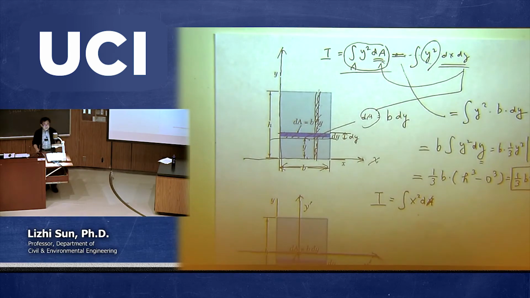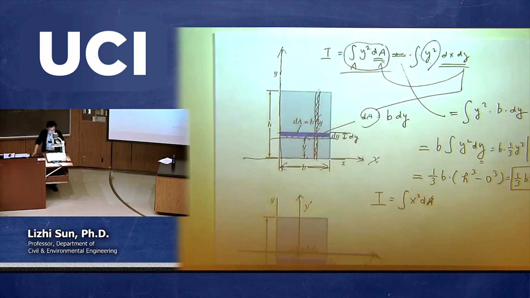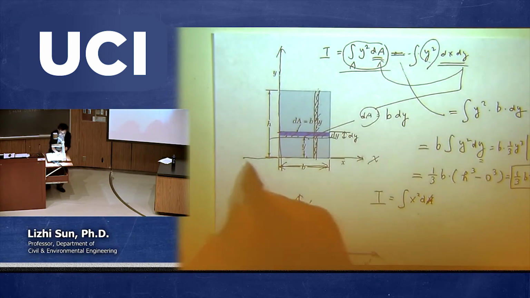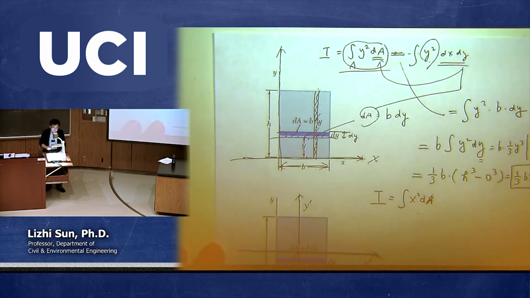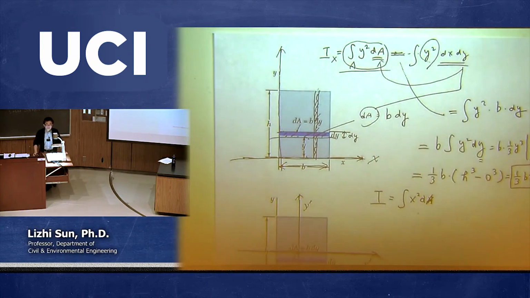In fact, this is also called the moment of inertia. So either y squared dA or x squared dA, they are both moments of inertia with respect to different axes. So the y squared dA integration is the moment of inertia with respect to the x-axis. That's why we typically use Ix to represent the moment of inertia with respect to axis x.